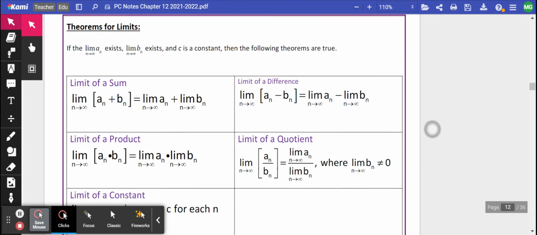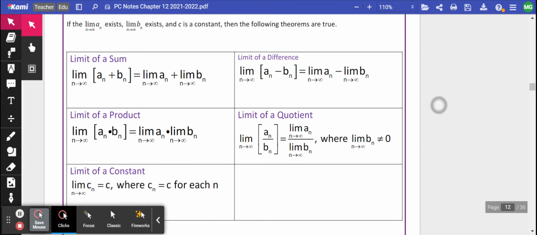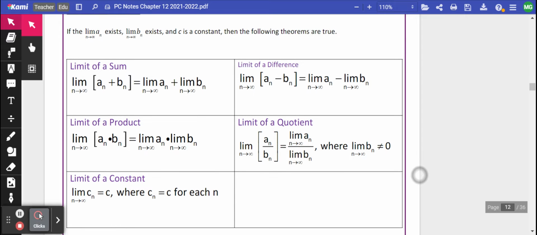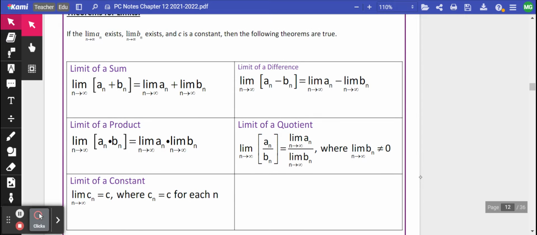So we have many theorems for limits. And I want you to take a look at these, okay? And we're going to talk about them, and it's going to really make sense when we use them. So first of all, when we take a limit of 2 values that are being added together, and again, the limit is always going to be as the numbers are getting bigger, so as n approaches infinity, and you see that on all of these, we can actually take the limit of each term individually and then add those limits together.